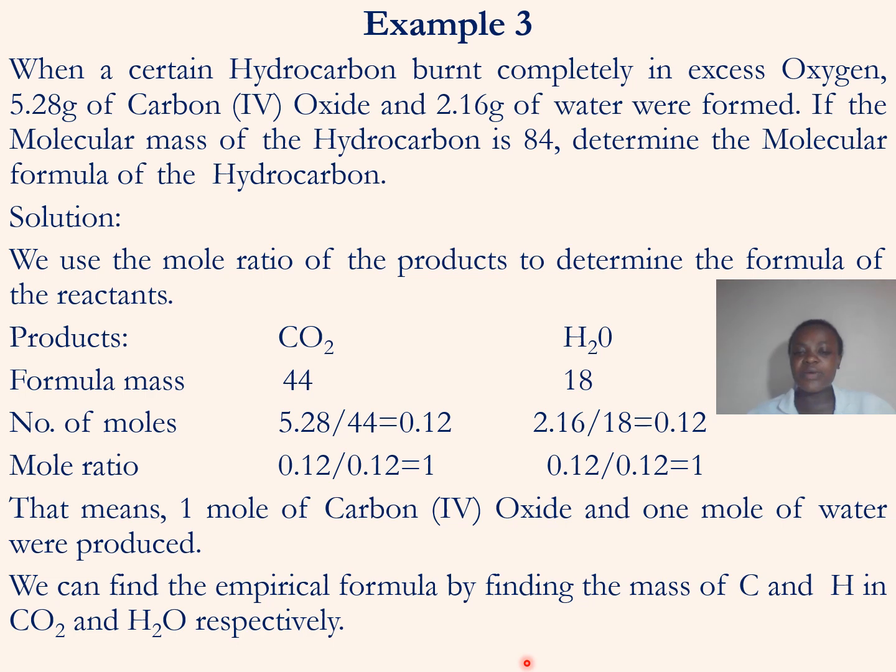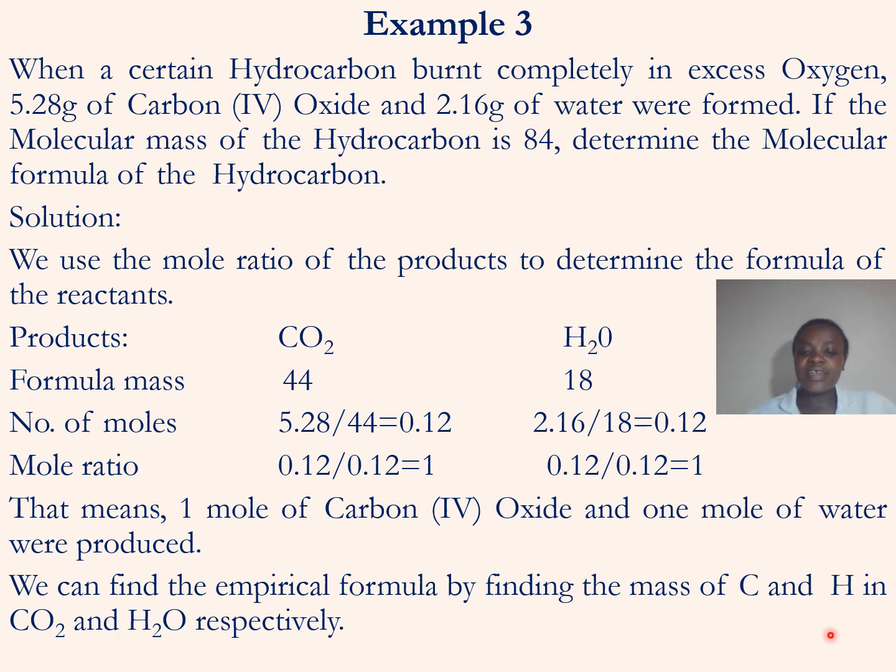So the products were produced in the ratio of 1:1. So using that, we can find the empirical formula by finding the mass of carbon in carbon dioxide and the mass of hydrogen in water, right?